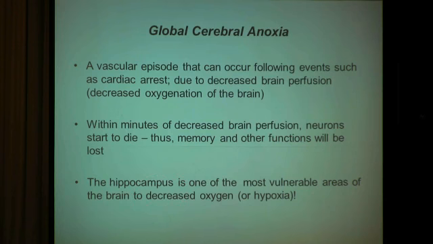For reasons we're not really sure, there's a lot of conjecture, the hippocampus is one of the most vulnerable areas when it's cut off from its oxygen and blood supply. We're not really sure why that is, but nonetheless it is. And so it's extremely important to take care of your vasculature. Okay? And in the last lecture in this series, I'm going to talk about ways to do that.